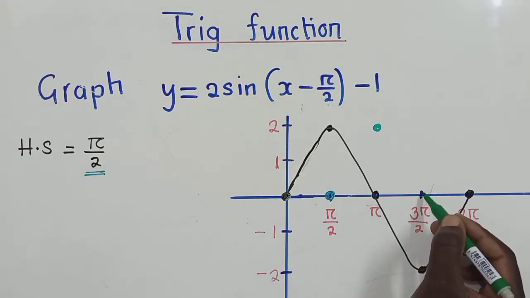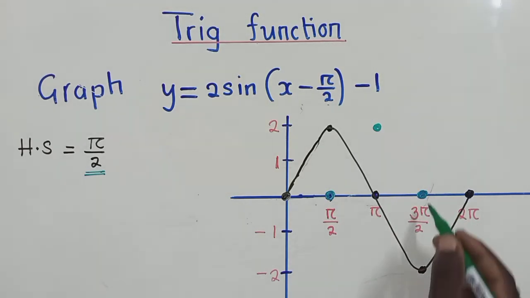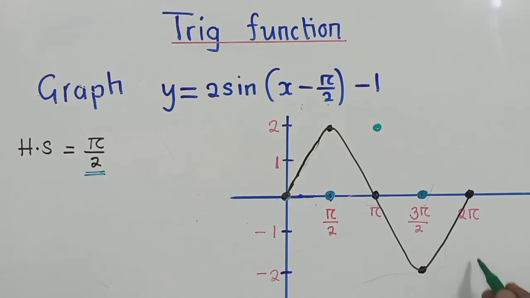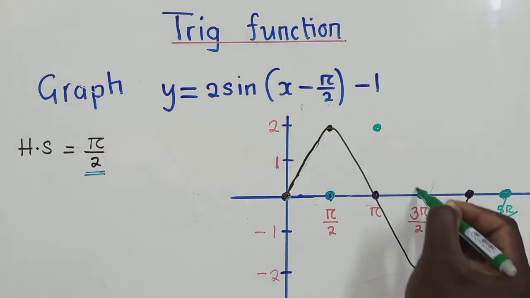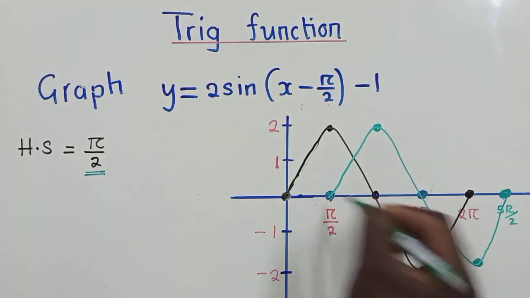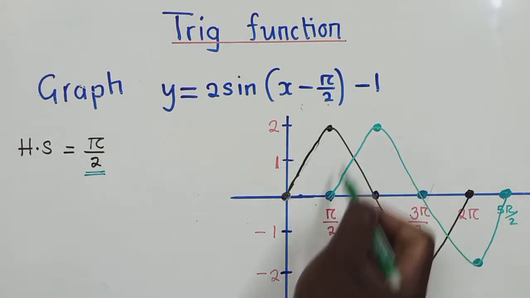And this point will go somewhere here. Next, we have this point moving to this point here. And of course, this will be 5 pi over 2. If you know how to use radians, these are radians. And now we can join the points. So this is how our new graph will look.